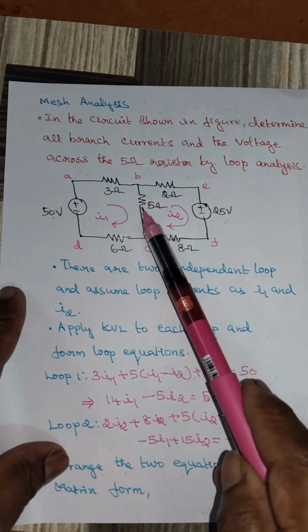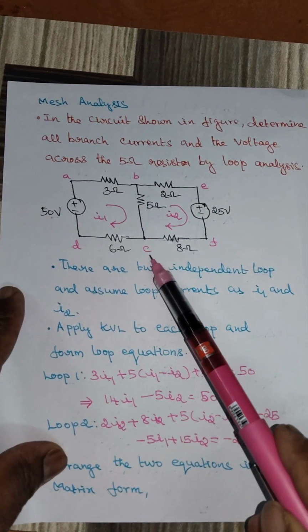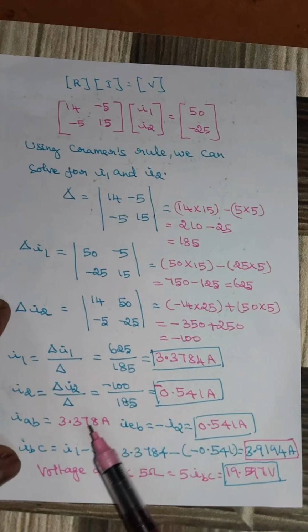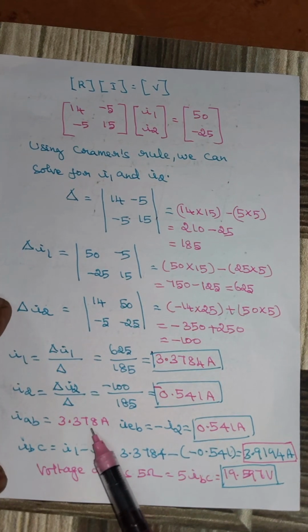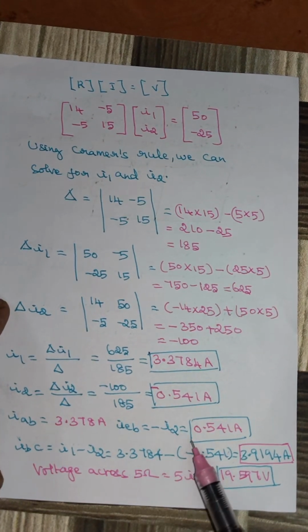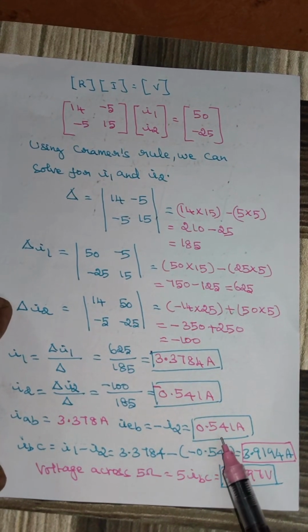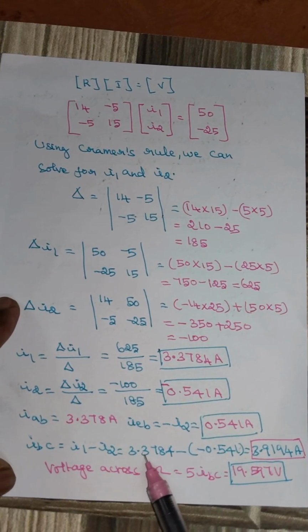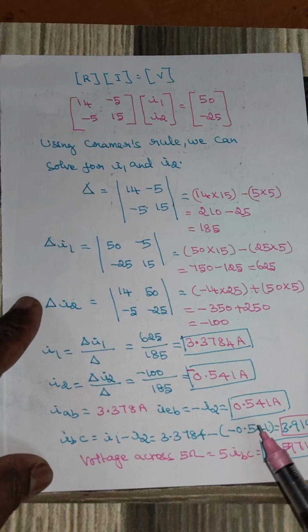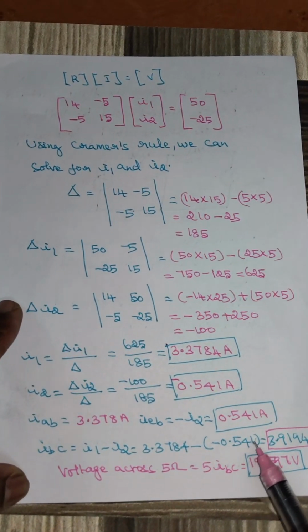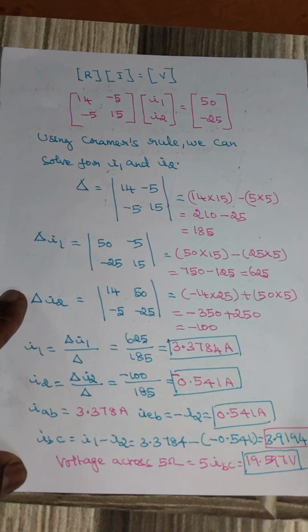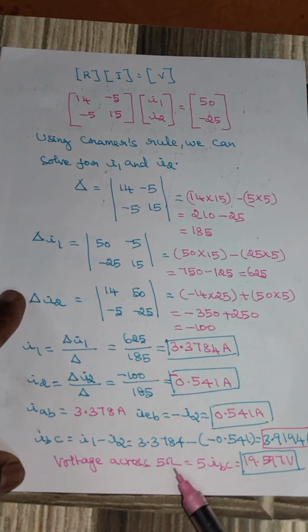The current through the 5 ohm, that is branch current IBC, will be the difference between I1 and I2. So the values are IAB is equal to 3.378 ampere, IEB is equal to minus I2, which is 0.541 ampere, and IBC is equal to I1 minus I2, which is 3.3784 plus 0.541, which is 3.9194 ampere.